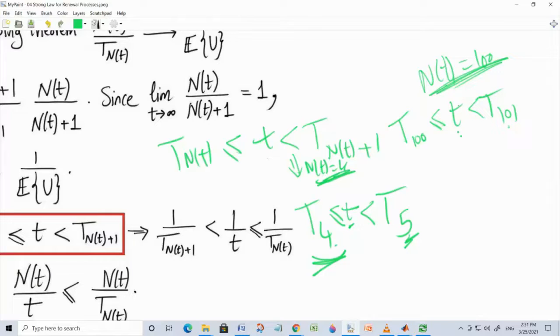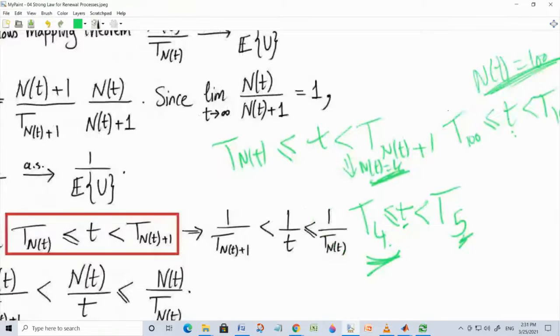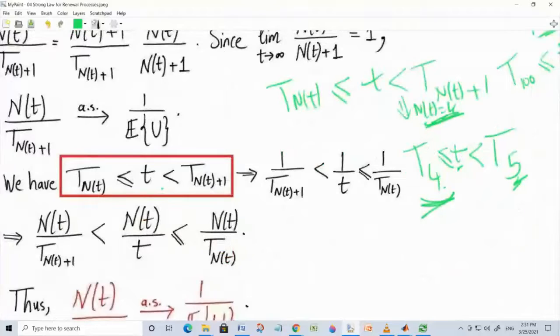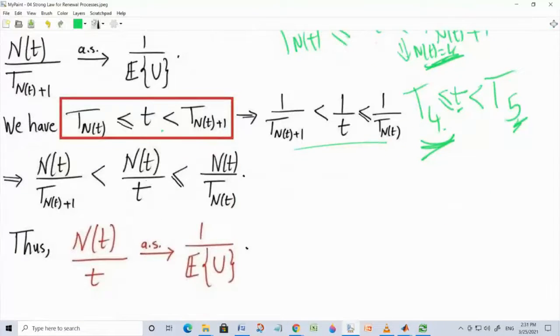And so on. N of t is a random variable, and it can be 0 or 1 or 2 or 3 or 4, and so on, and regardless of N of t, this inequality is true. Take the reciprocal of every side in this inequality, and then multiply by N of t. Okay, so we have something that looks like this.